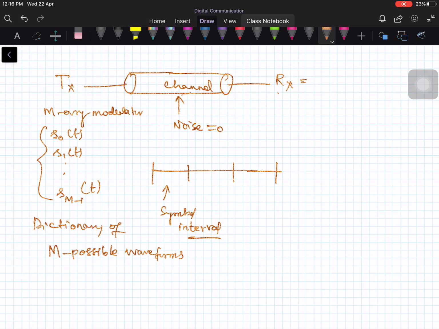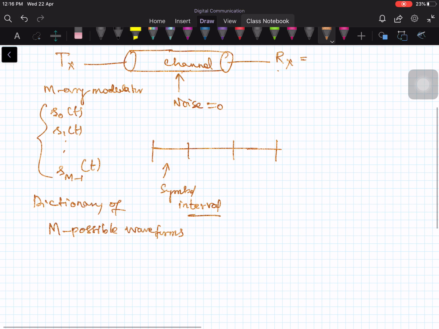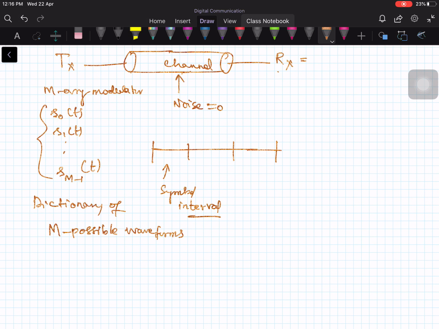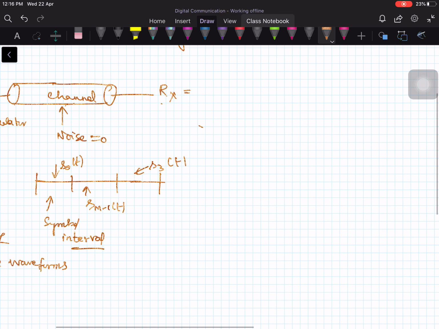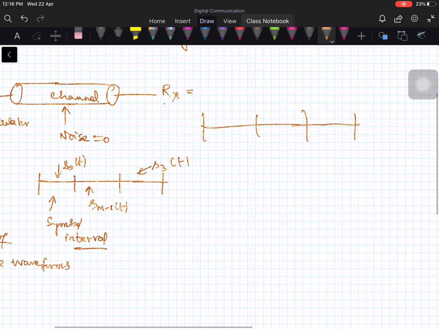Therefore, if you transmit S0 of t here, S sub M minus 1 of t here, and S3 of t here, and so on, the same thing you will receive. If there is no noise, you get the same waveform, just attenuated, that's all. So here you get S0 of t, here S sub M minus 1 of t, and here S3 of t, and so on.